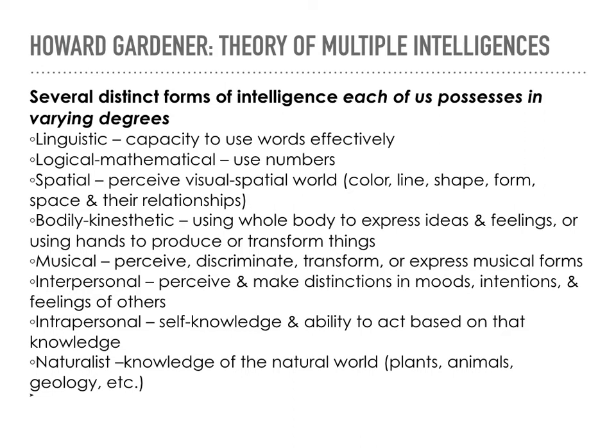Bodily kinesthetic, using your whole body to express ideas and feelings, or using hands to produce or transform things. Musical, to perceive, discriminate, transform, or express musical forms. Interpersonal, perceive and make distinctions in moods, intentions, and feelings of others. Intrapersonal, self-knowledge and ability to act based on that knowledge. Naturalist, knowledge of the natural world, plants, animals, geology, etc.